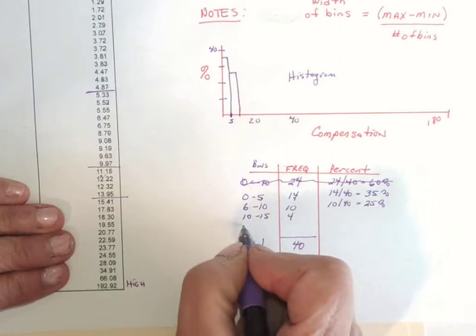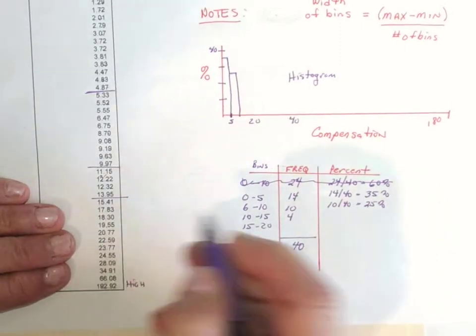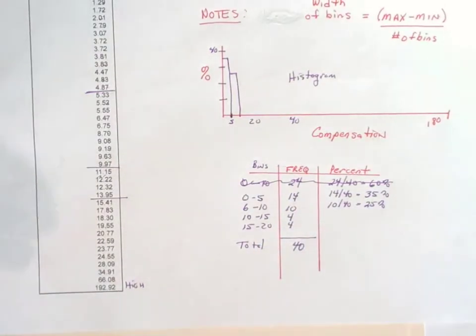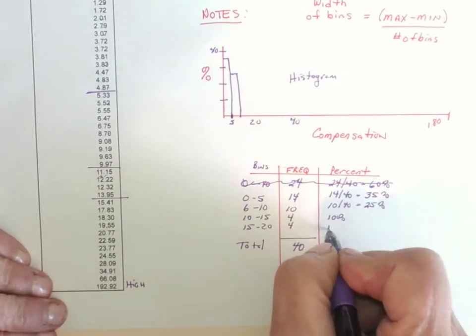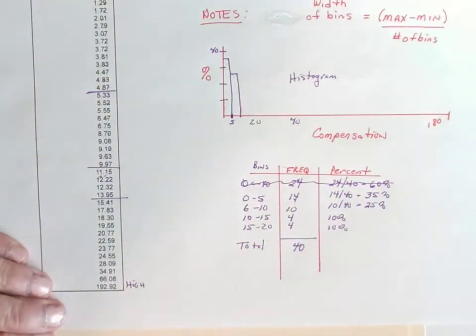And then 15 to 20, that's going to give us 4. And you can keep going, but 4 divided by 40, that's going to be 10%. Okay, and I think you got the hang of it.